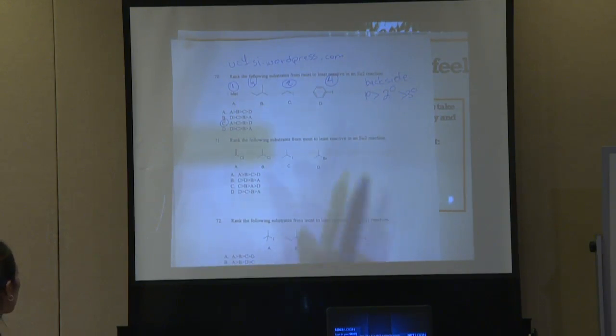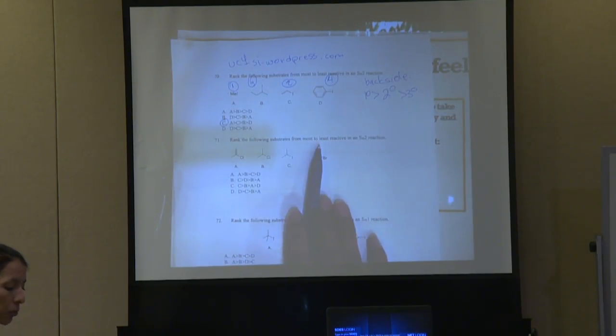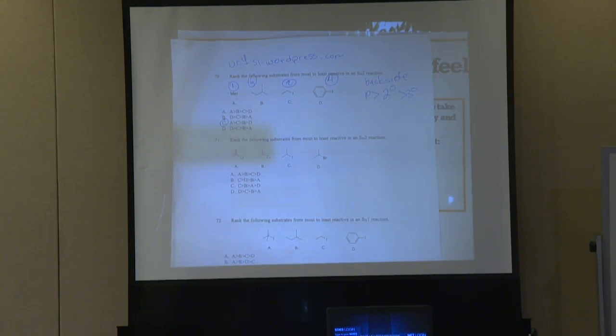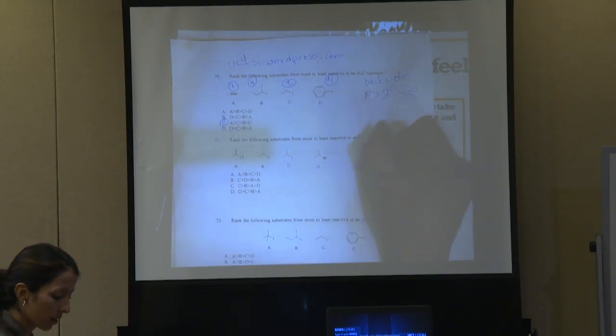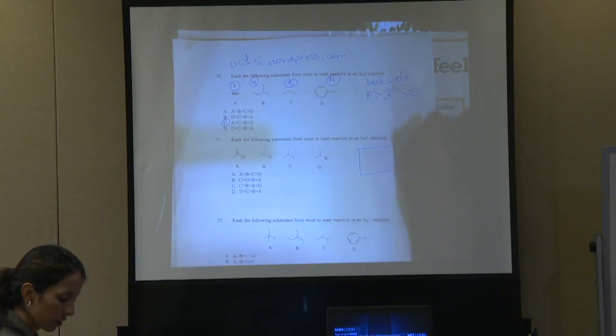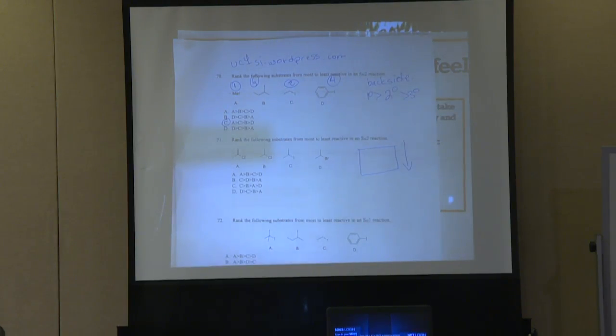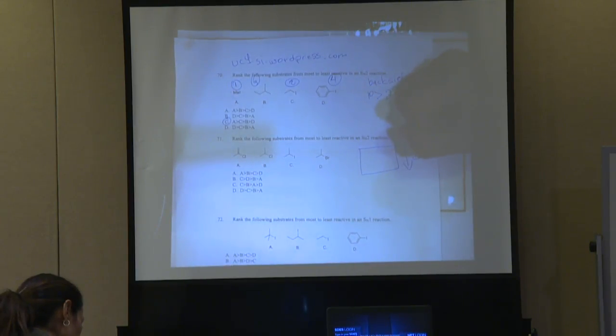So 71. Rank the following substrates from most to least reactive in an SN2 reaction. So what are we looking at here, guys? Right, so we have different leaving groups now. So what is usually the trend for leaving group down the periodic table? Is it a better leaving group or a worse leaving group? Better leaving group. Everybody good with that?